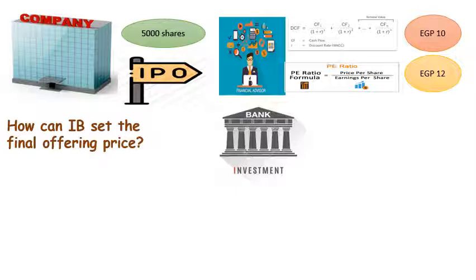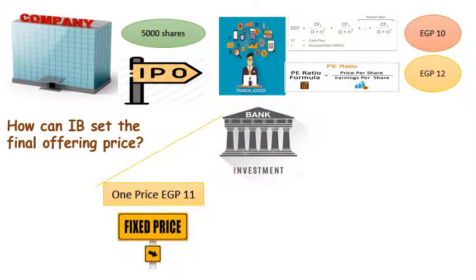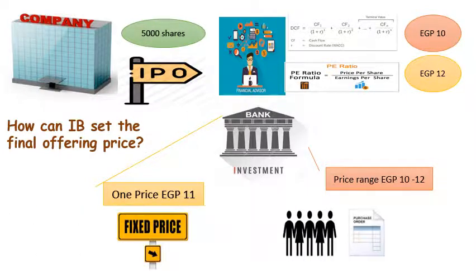The first option is to set the fixed price, say 11 Egyptian pounds per share, or to use a price range of 10 to 12 Egyptian pounds and announce this range to investors to submit their bids, in which each investor will specify the number of shares and share price he or she is willing to pay.